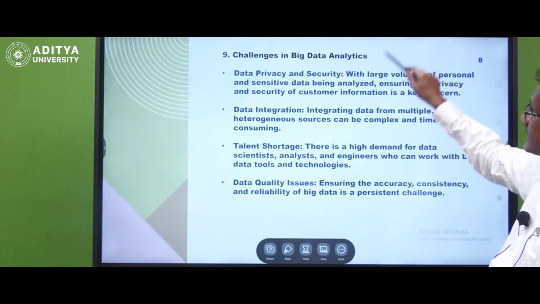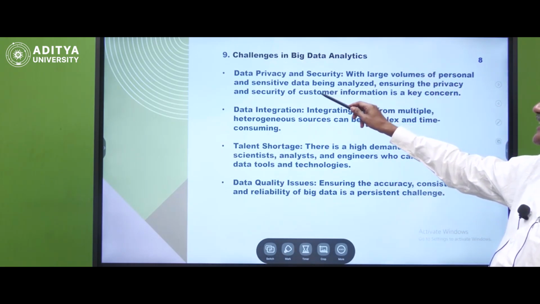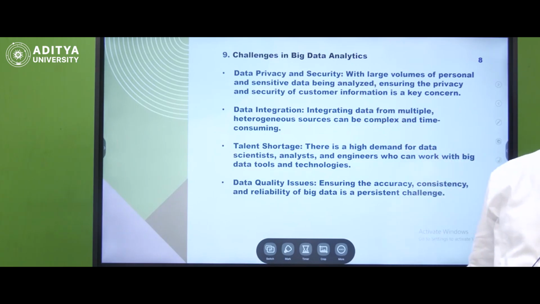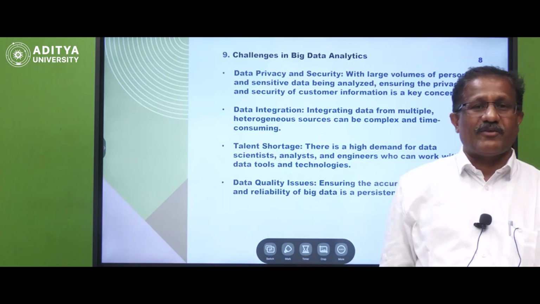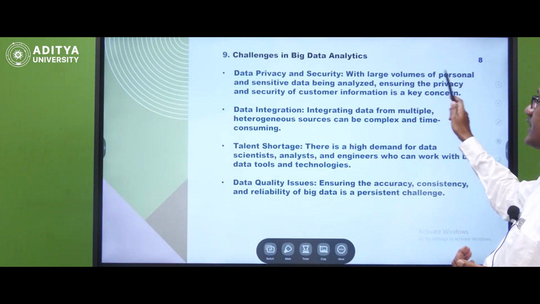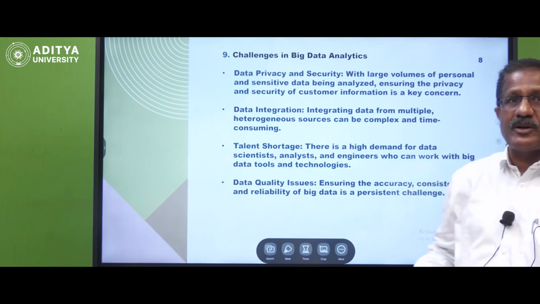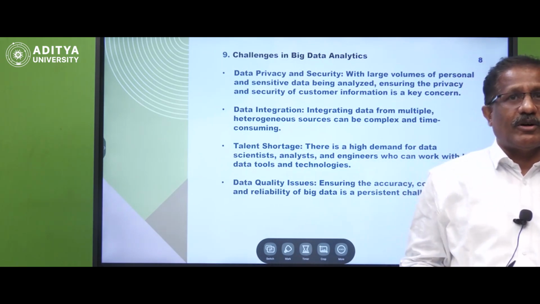Now, what are the challenges in big data analytics? The first one is data privacy and security. Everybody in this world needs their own privacy, but there is a large volume of personal, sensitive data, for example on Facebook, LinkedIn, and many other social media websites.